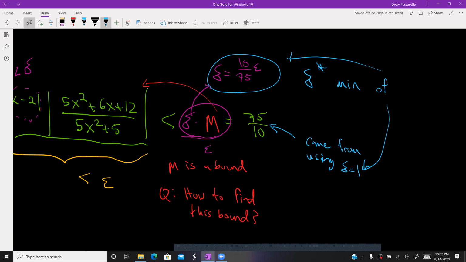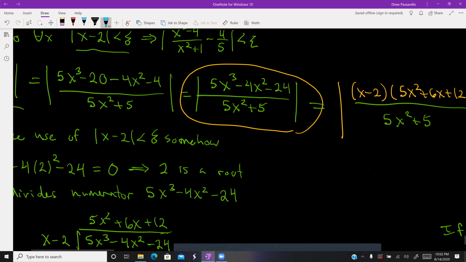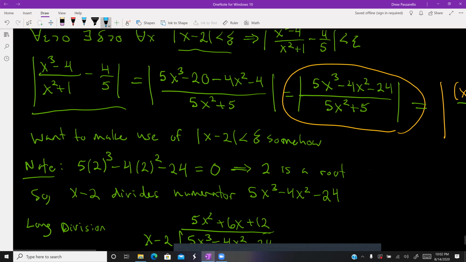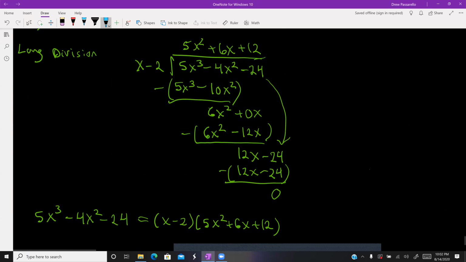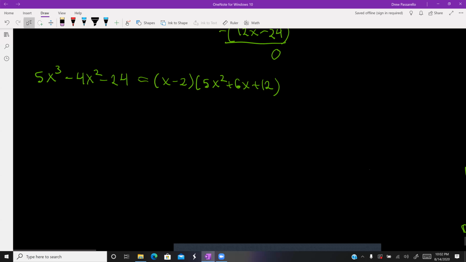All right, so that's all the scratch work. Now the actual proof. We don't show all of this in the proof. We just do all this to find the necessary delta in order to do the proof. All right, so the proof.